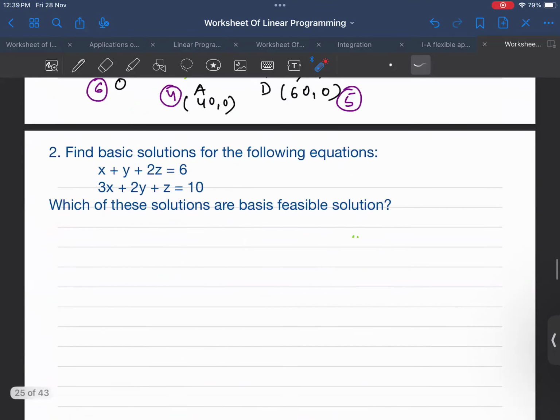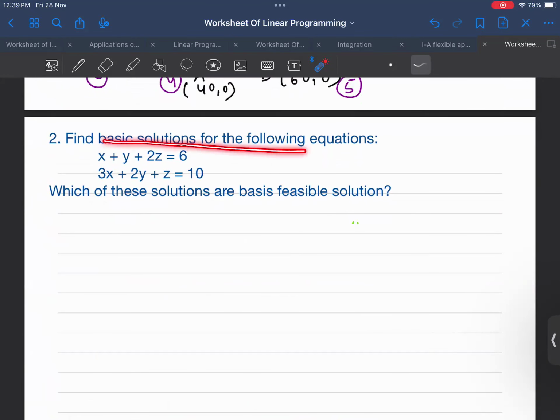Now find the basic solutions for the following equations. Two equations are given. Which of the solutions is the basic feasible solution? Let me explain it very fast. First thing is when x is equal to 0, we can solve it. We have 3 variables; we will keep any one of them as 0.